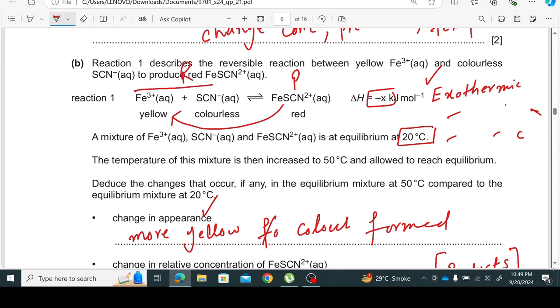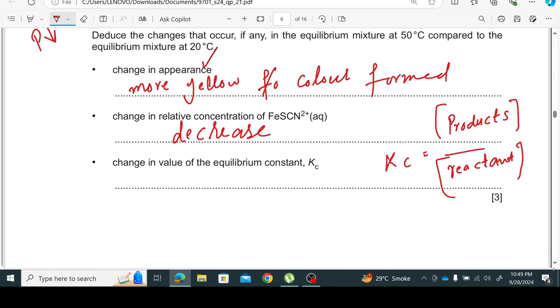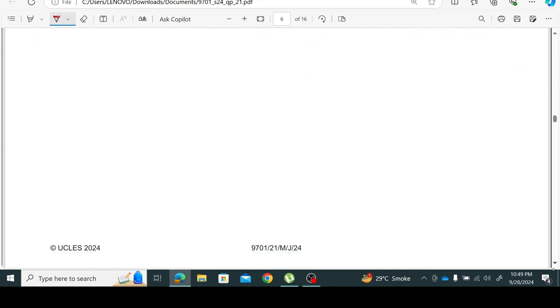The reactant is increasing because it is going back, so your product is decreasing. Kc is directly proportional to the product, so when product is decreasing, Kc is also decreased. Understand?